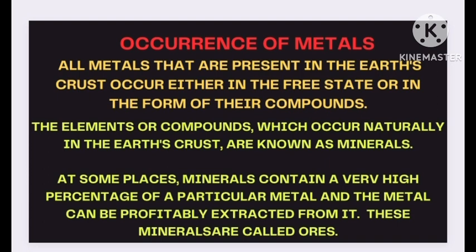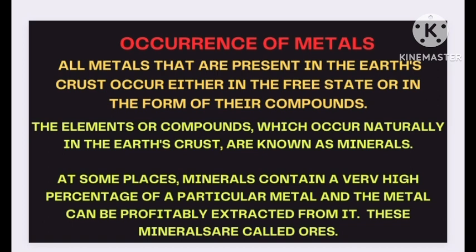At some places, minerals contain a very high percentage of a particular metal and the metal can be profitably extracted from it. These minerals are called ores. Again, ore is also an important term. From the examination point of view, you can get a question that is, differentiate between minerals and ores.